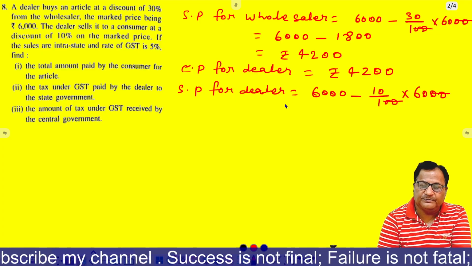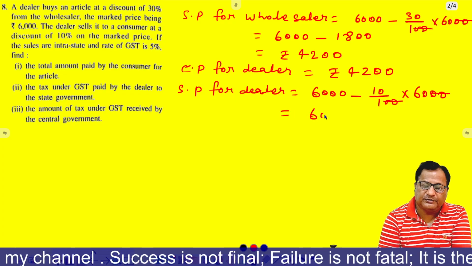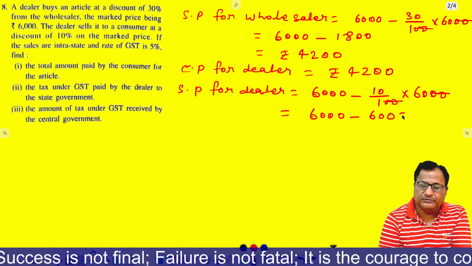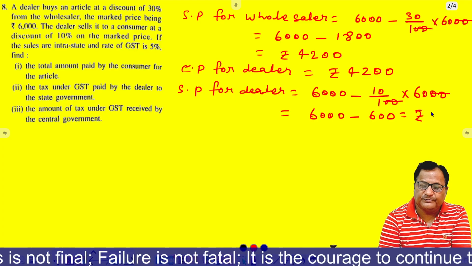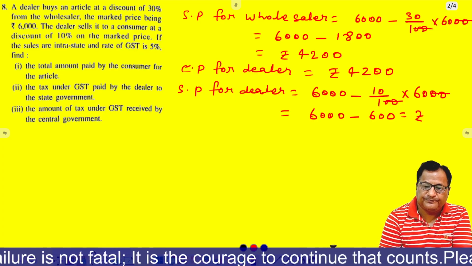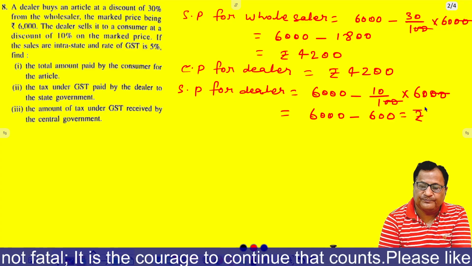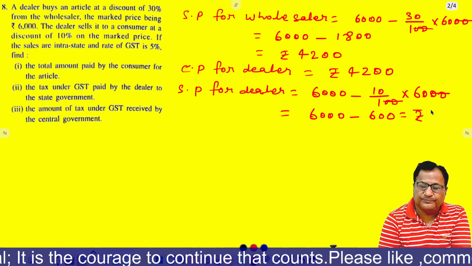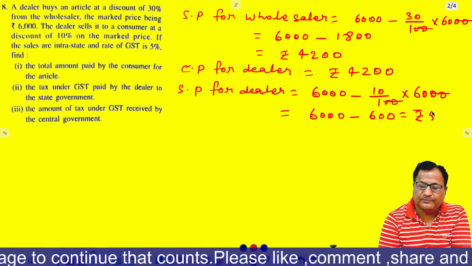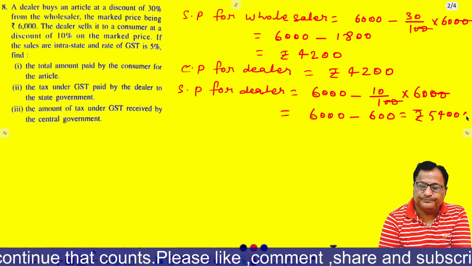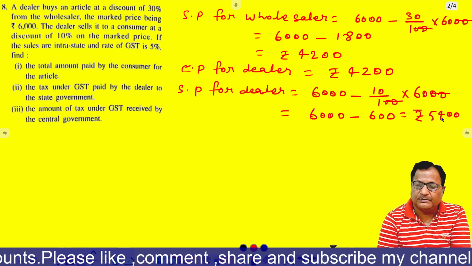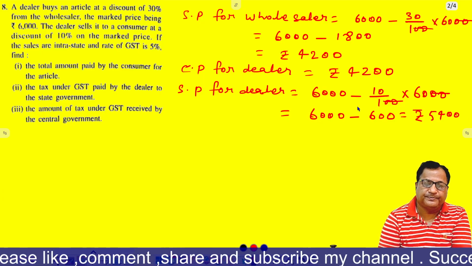So 6,000 minus 600 is equal to rupees 5,400. This is 5,400, the SP for the dealer.